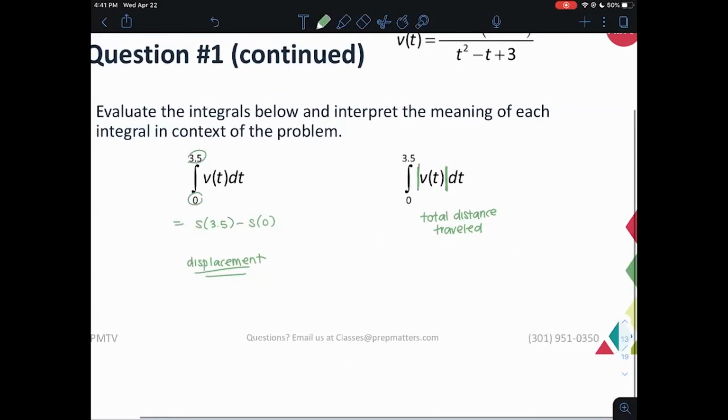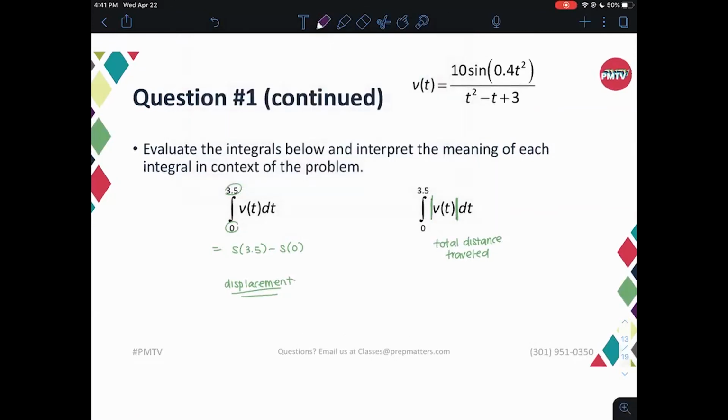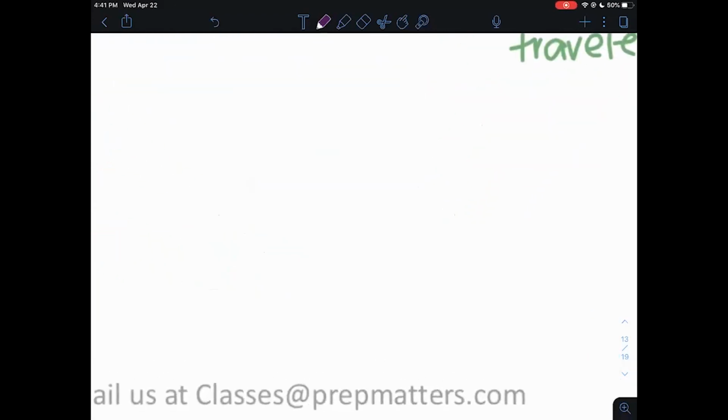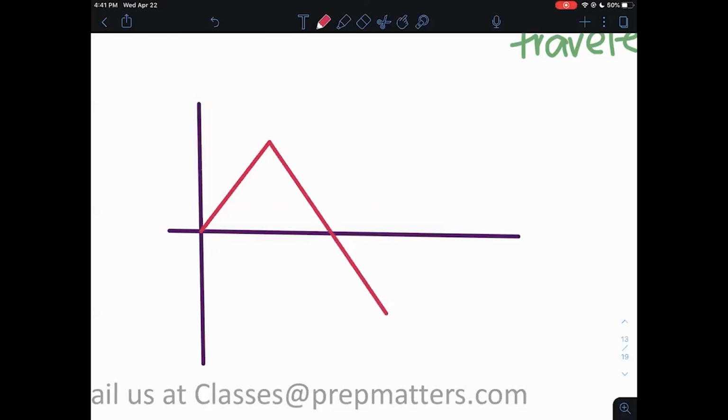If we want to think about that graphically, for those of you that are not giant fans of physics or just like to see things, I'm going to completely take this into a different function right now. Let's do a function like this. I'm going to try really hard to make these look similar.